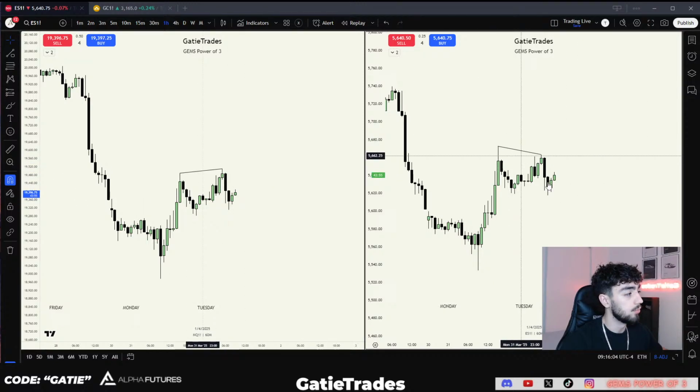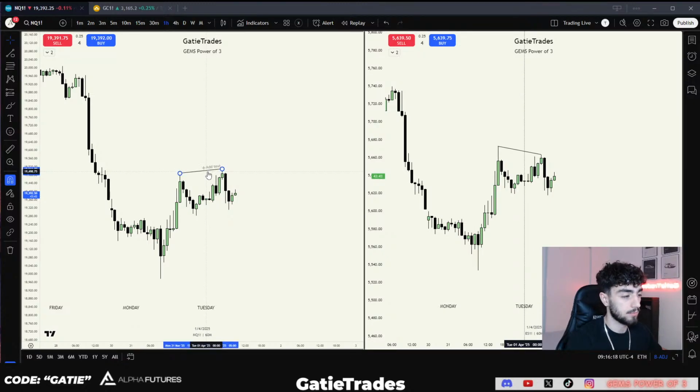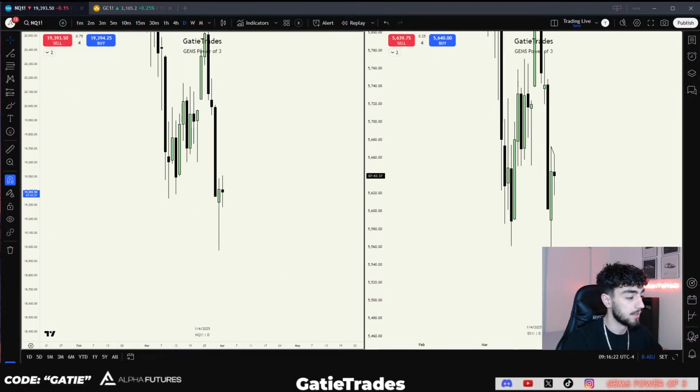This is showing weakness in the S&P. So ES is the weaker asset. Why is it weaker? Because it didn't go higher, right? It stayed lower. Now, obviously, you have to pair that with other things.